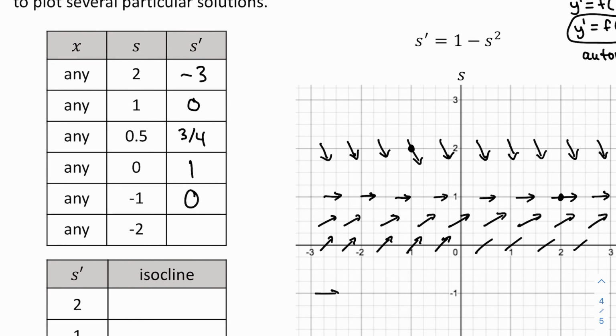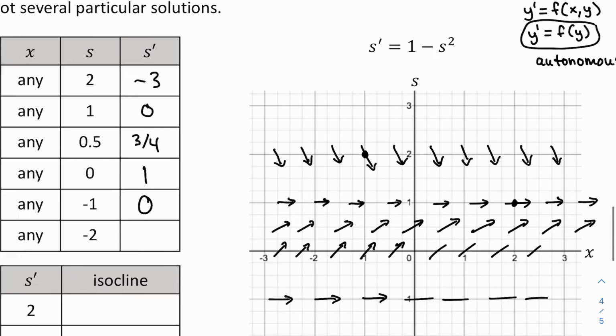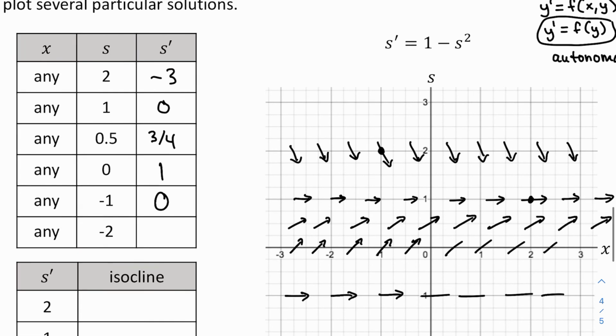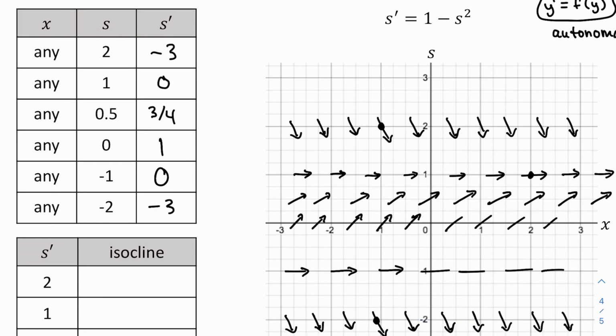So everywhere along this horizontal line, we also have these 0 sloped line segments. And finally, let's do one more. When s is -2, square -2 is 4, 1 minus that, we get -3 again. So I can effectively copy all those and paste them somewhere along that -2 horizontal line.